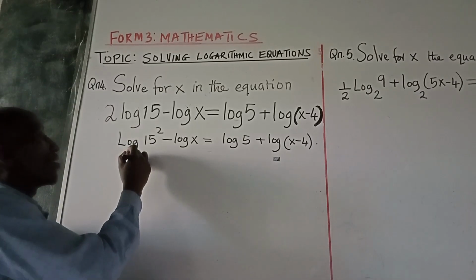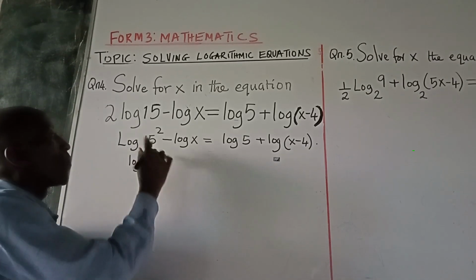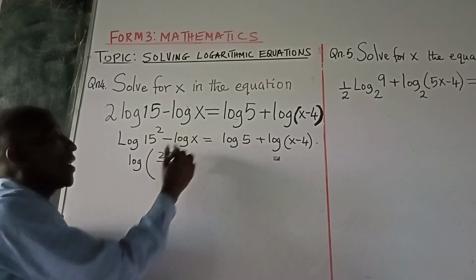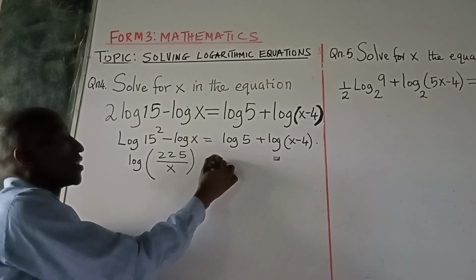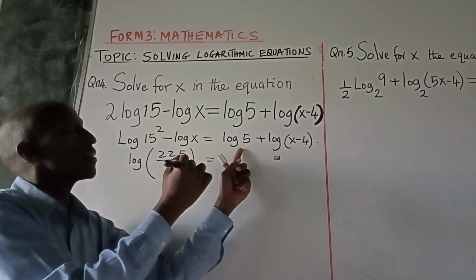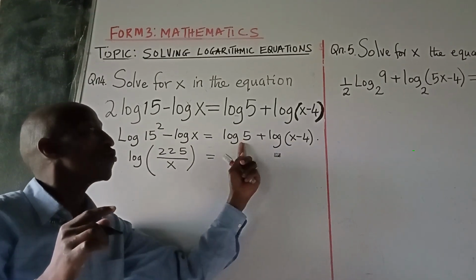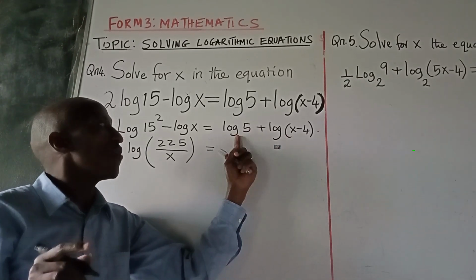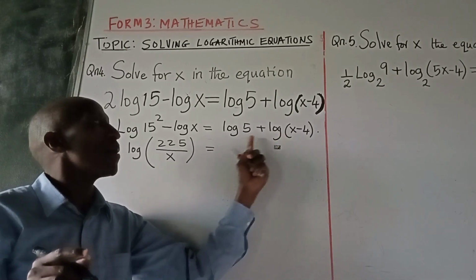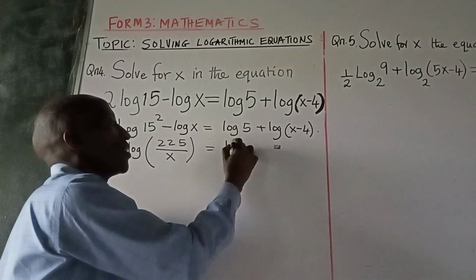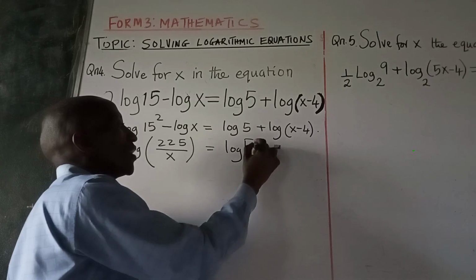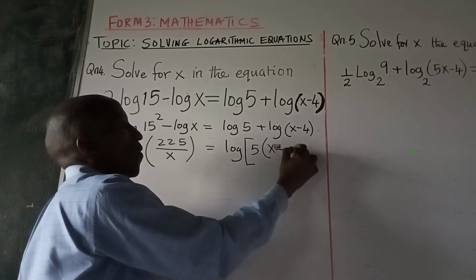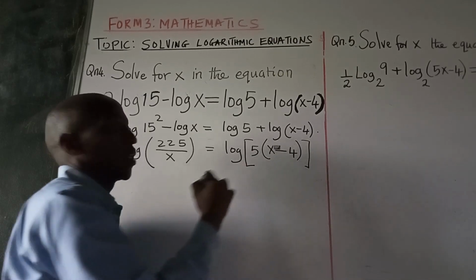So it's going to be logarithm of 15 squared is 225 divided by x, and that is equal to, these 2 logarithms, I beg your pardon, are being added. Whenever we add logarithms, the numbers are being multiplied. So this becomes the logarithm of 5 into x minus 4, and I close the bracket.